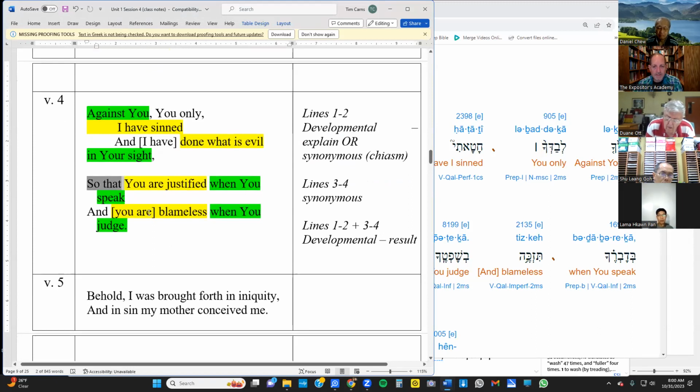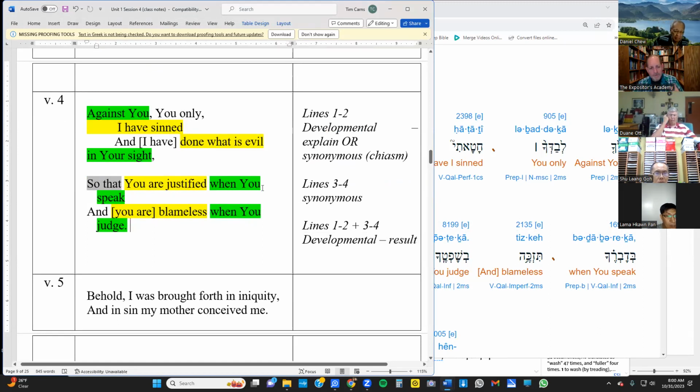And I think it tells us the relationship between lines 3 and 4 with lines 1 and 2. And I think Shulong correctly identified this. It's a good job that he noticed that, the developmental result. Lines 3 and 4 are a result of lines 1 and 2.